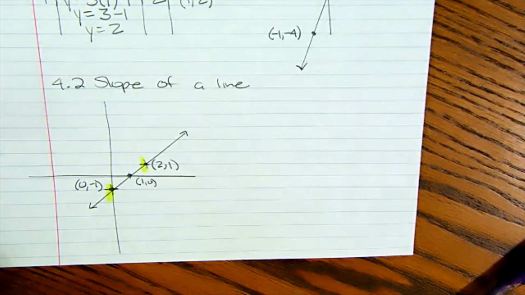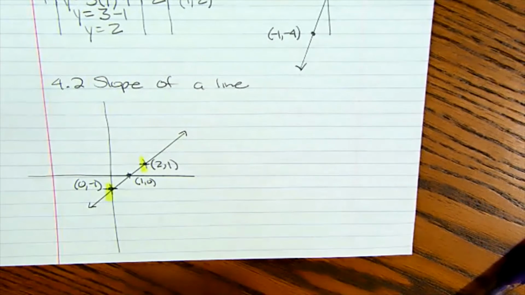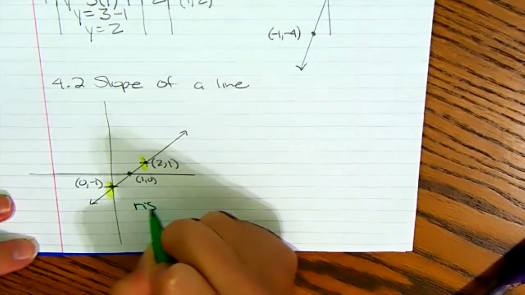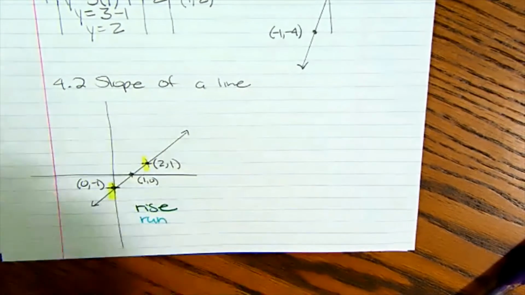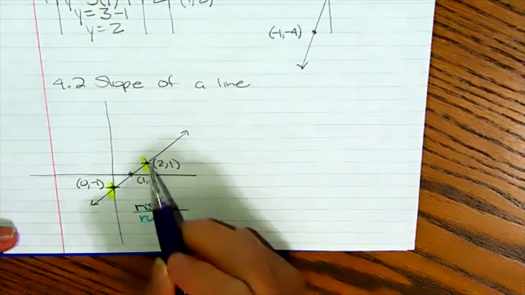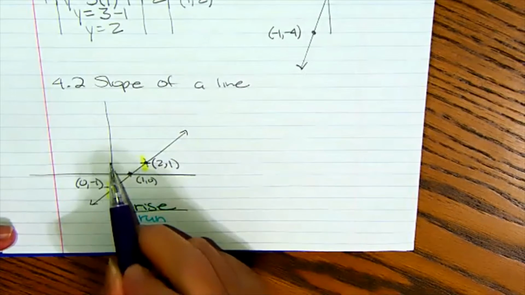It makes life easier. So I have my 2 clean points, and I know that slope is rise over run. Rise over run. So I'm going to look, and these 2 points come together right here.